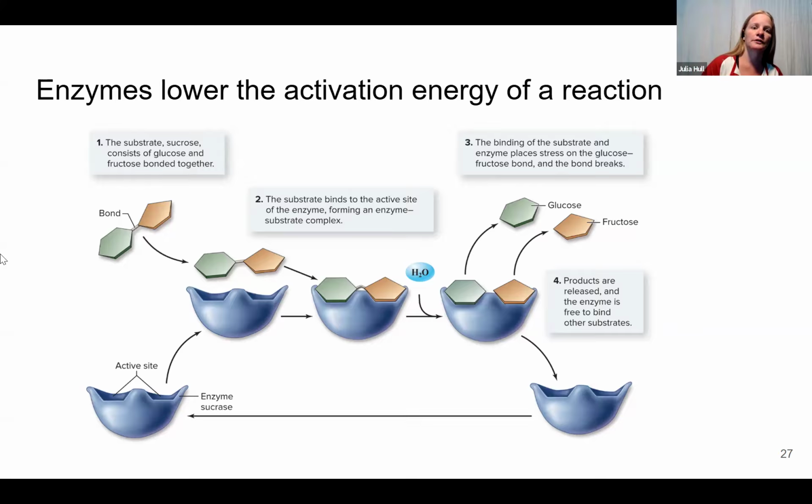So let's look at this one. So here we have our enzyme sucrase. Okay, sucrose is the substrate, and sucrose is a glucose and a fructose molecule bonded together. What this enzyme is going to do, oh, I certainly don't have enough hands. The sucrose is going to land into that active site.